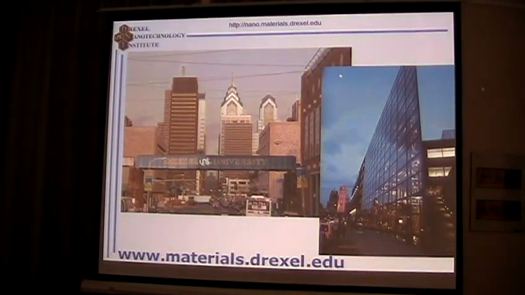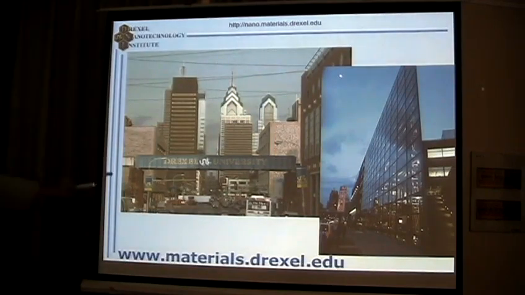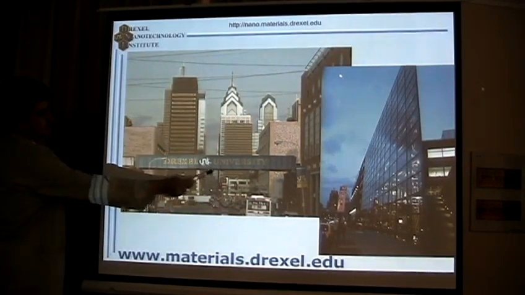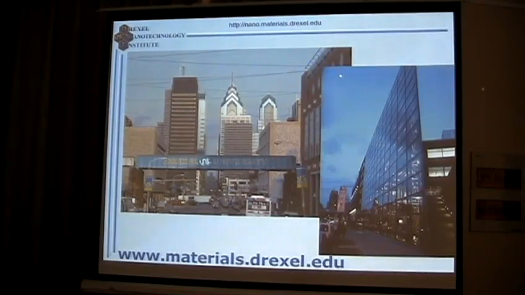What I realized is that I never showed you any pictures of our university. What you see here on screen is actually downtown Drexel University. The small building in the back is actually not that small. This is the largest town hall in the United States, the City Hall of Philadelphia, with the William Penn statue on top of it.